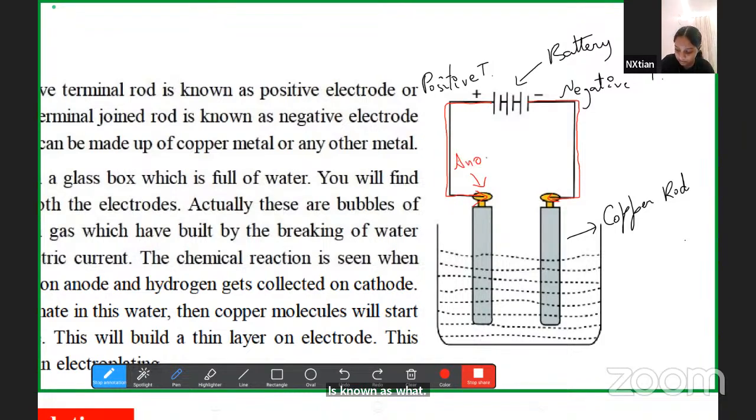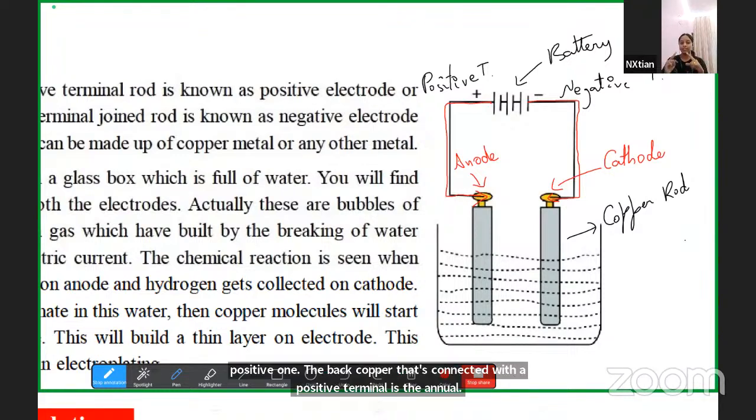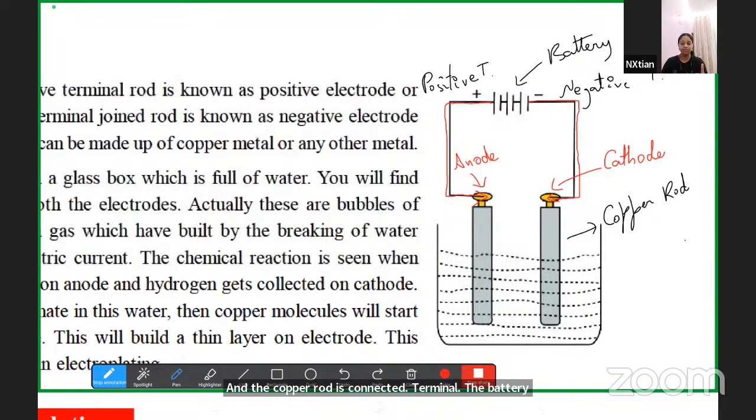So this one is anode and the right side one is cathode. The copper rod which is connected with the positive terminal is the anode, and the copper rod which is connected with the negative terminal, the battery side, is the cathode. Hope the diagram is clear.